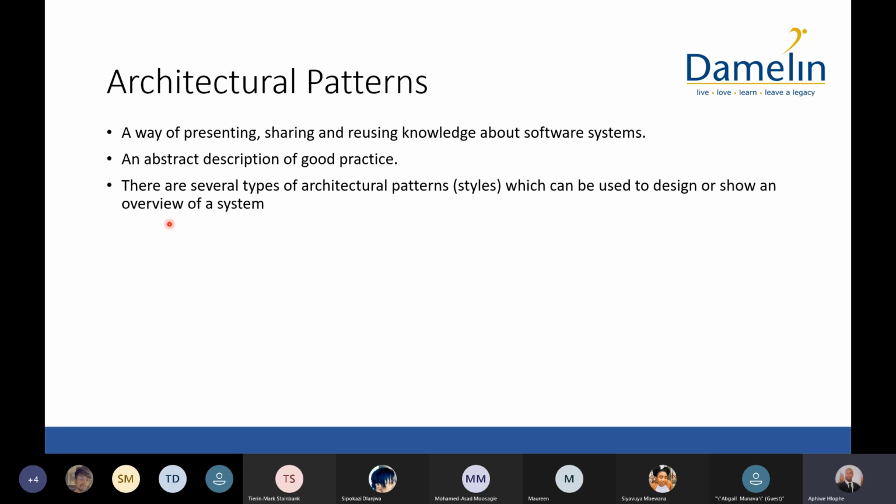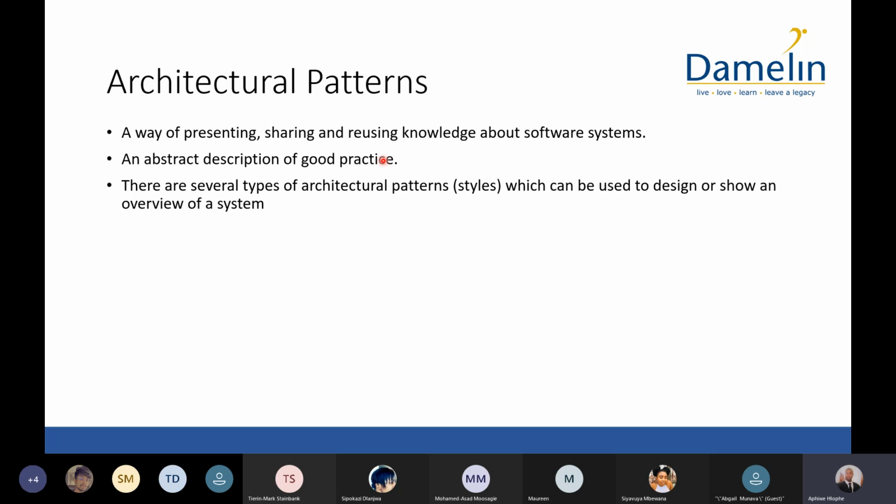So then what are architectural patterns? Another term which you can use is architectural styles. So architectural styles or architectural patterns are a way of presenting, sharing, and reusing knowledge about software systems. It's an abstract description of a good practice. Because it has been adopted multiple times and it's been proven to work, we reuse architectures that have been defined already.